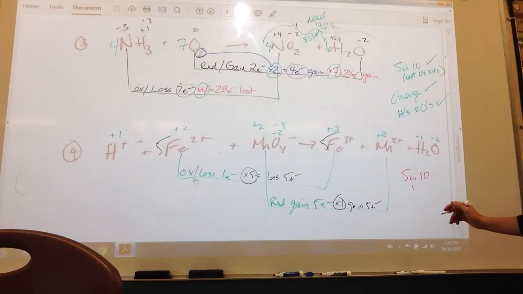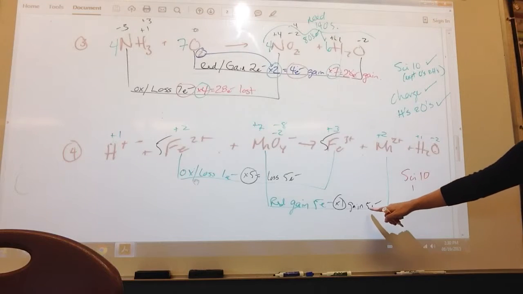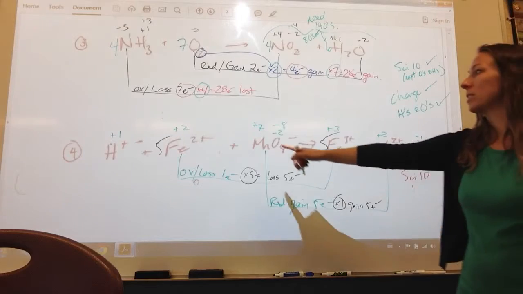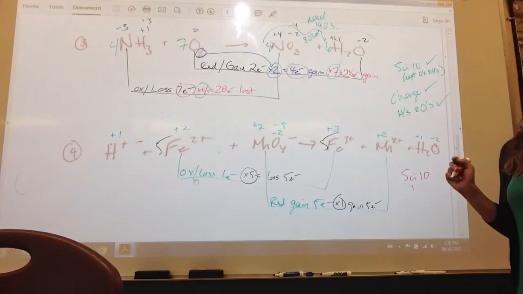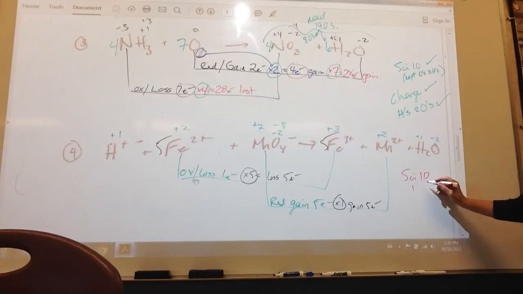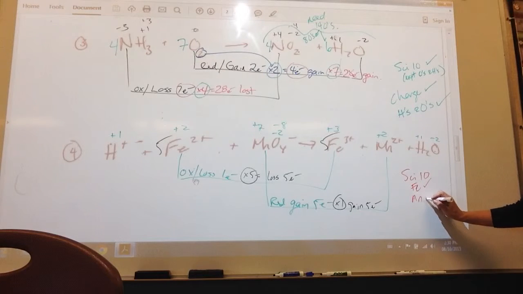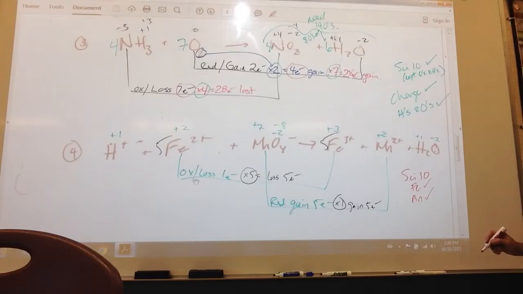Is it a 5 for gaining? Yeah, in total, down here? Because I've gone from 7 to 2. Oh, you're looking at, okay. Science 10. My ions are balanced. My Mns are balanced. Don't balance hydrogen and oxygen.